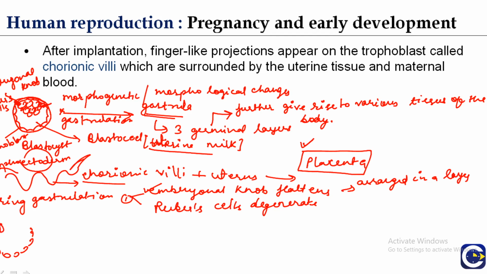The cells of the inner mass, or the embryonal knob, are now arranged in the form of a layer, and from here there are the degenerating Rauber cells. So the irregular mass changes into the embryonic disc.